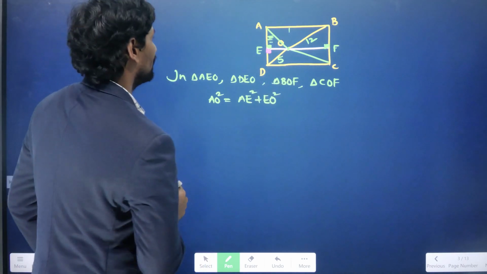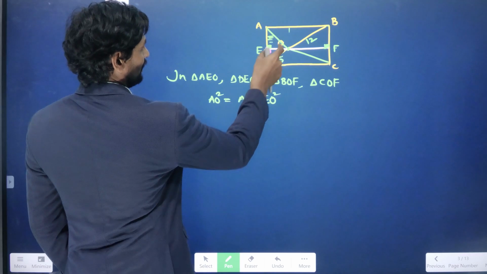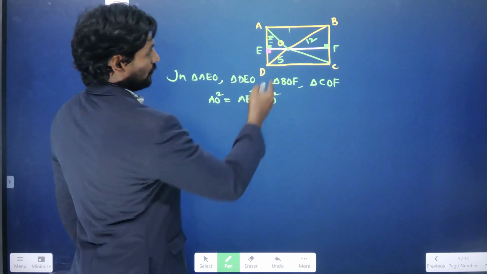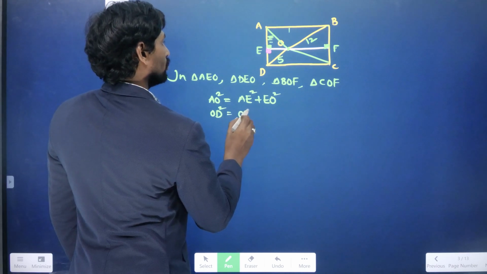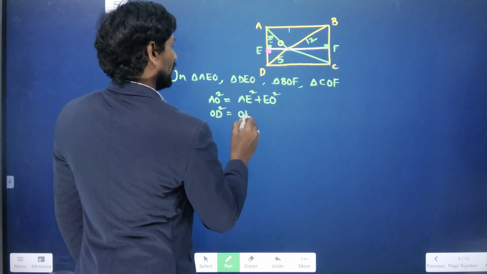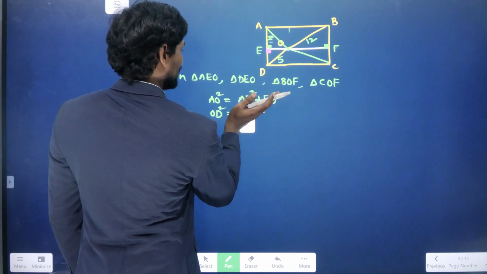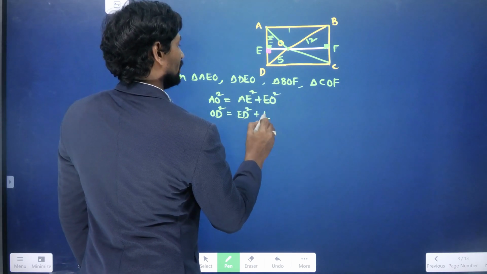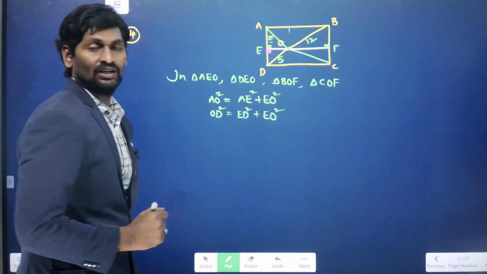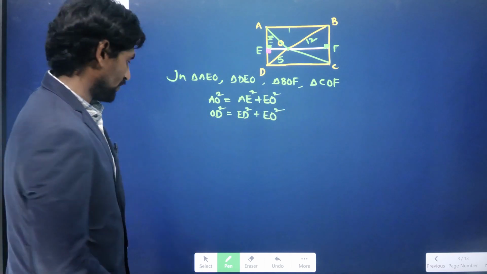Now coming to the second triangle DEO, right angle at E, OD is the hypotenuse. So OD square is equal to EO square plus ED square. Let us call these equation 1 and equation 2.